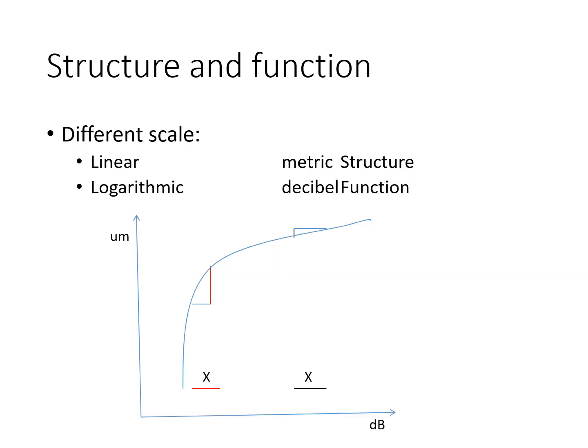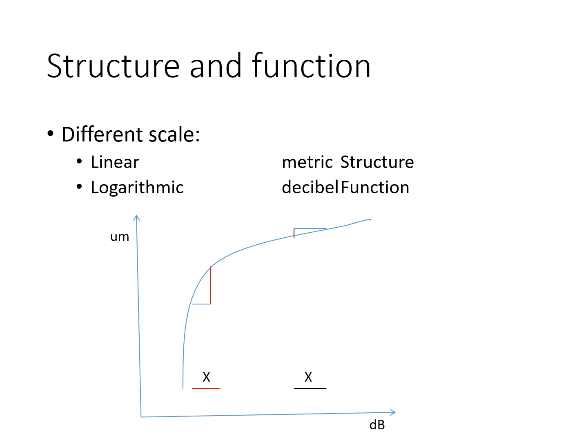Another problem that we have in the structure and function relation is the different scale used. We know that to assess an optic disc you can use a linear scale, while when you assess a visual field you use a logarithmic scale.